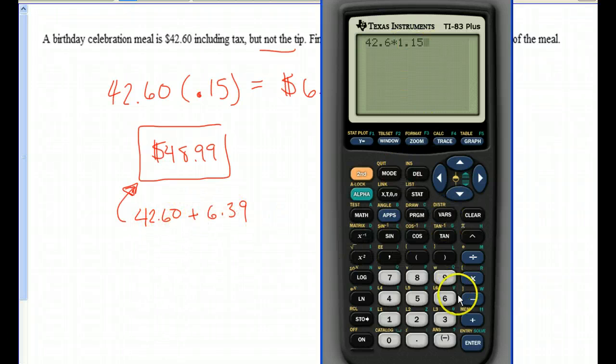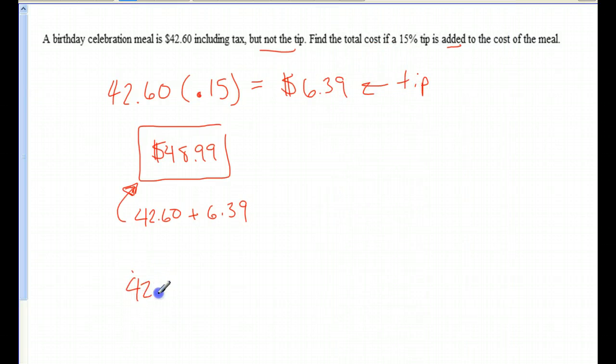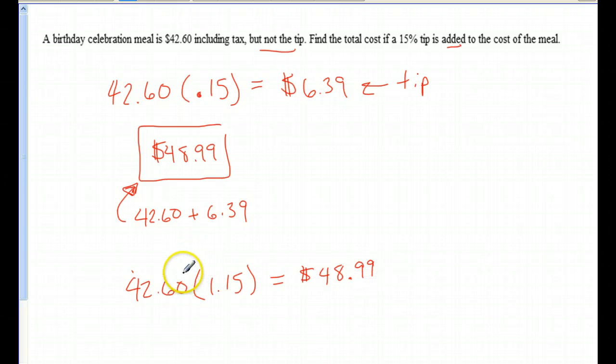That's why I'm multiplying by this number, and it takes me straight to the amount after the tip. So that's an optional second step that you could do if you wanted to. So 42.60 times 1.15 will also take you straight to the amount. Either way you want to do it will get you there. It's just this takes you straight to the price afterwards, where you don't have to compute the tip in the middle there.